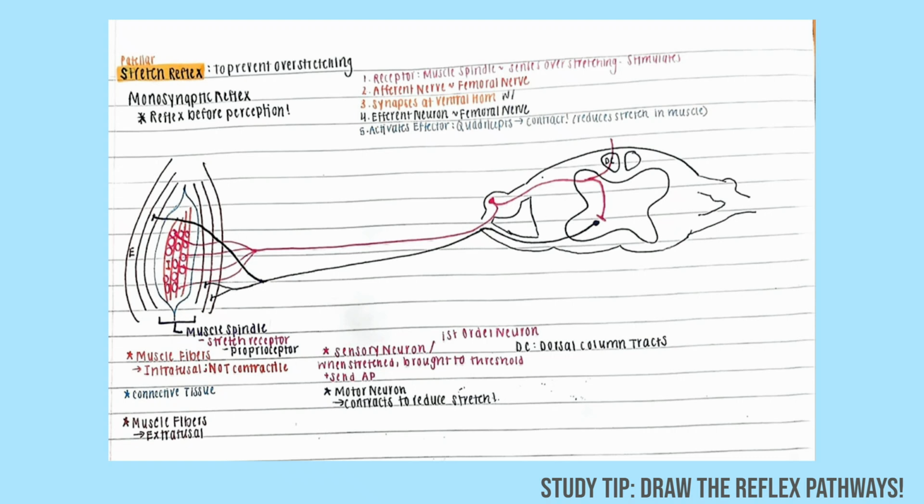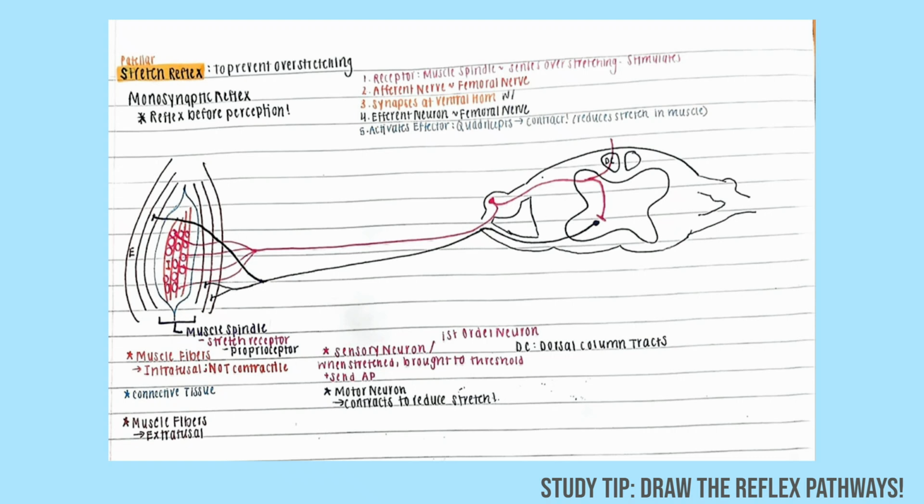Here's my drawing for the same thing that we just went over. This one seems complicated, but I feel like it's pretty straightforward. Does anyone have any questions on the patellar stretch? Okay, cool.